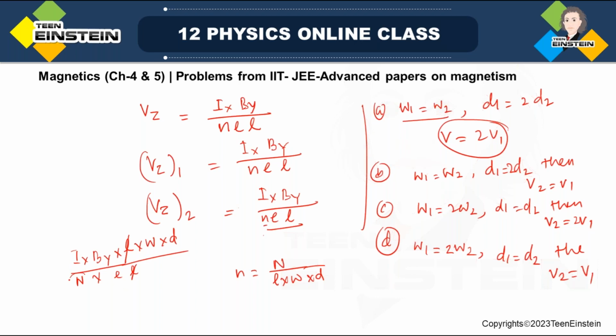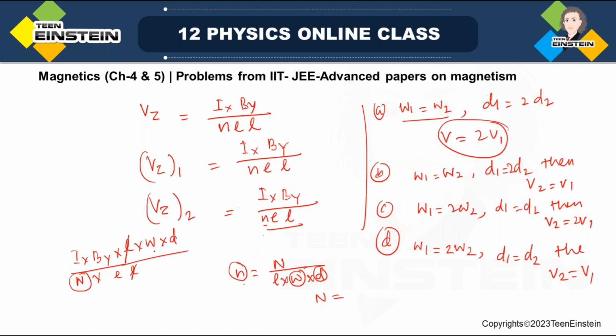So you can see this, for same material, this number may be the same, since the length is also same, but if the widths are different, then this number will vary. See, this is the number density, this will vary, this is same, but the total number of charge carriers will vary if this and this are different.